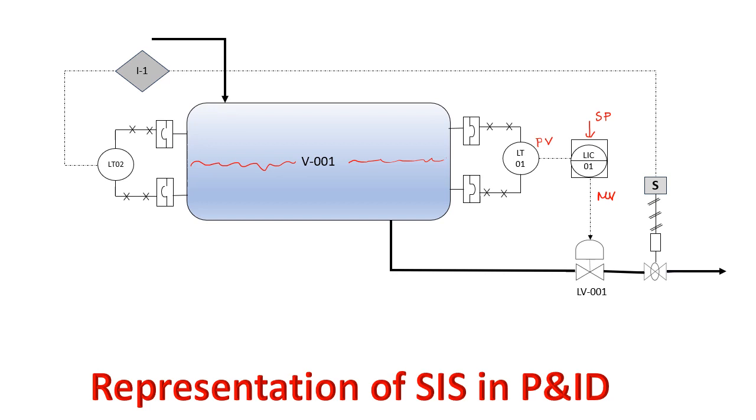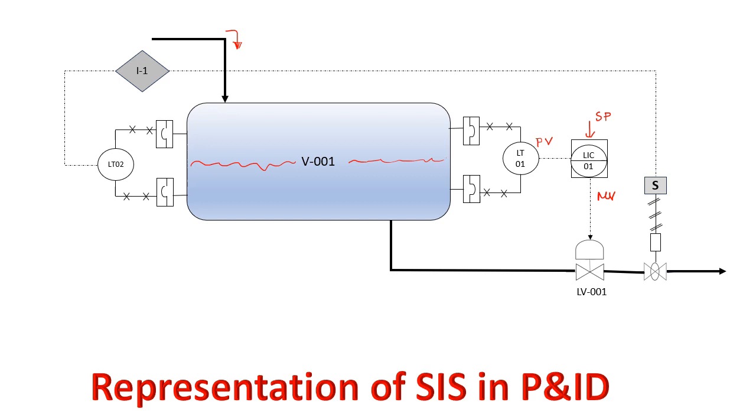Now, say there is some disturbance in the downstream or upstream, and there is a certain fluctuation in the level. Maybe the flow coming in at the inlet suddenly increases because the upstream flow meter does not work or something else.